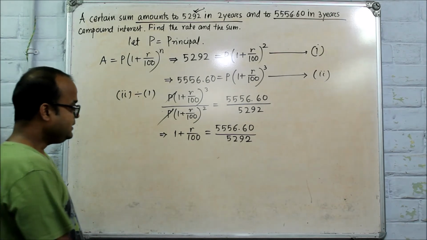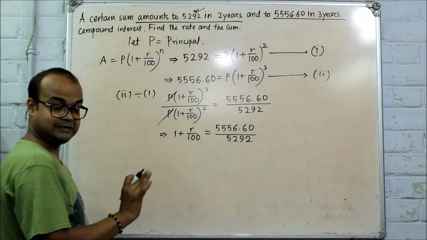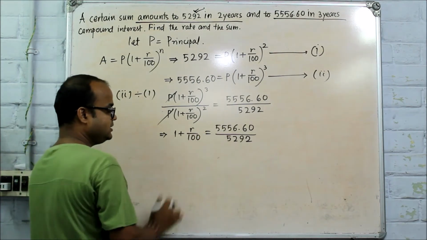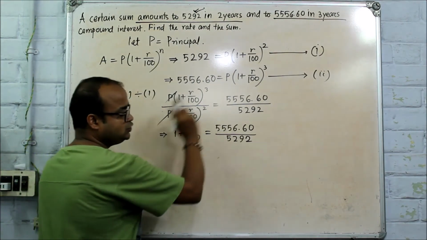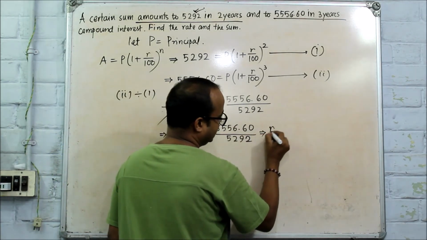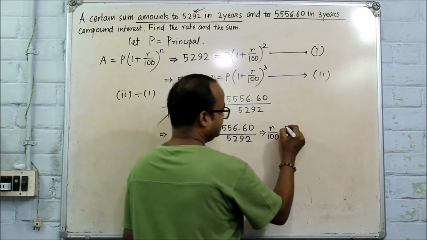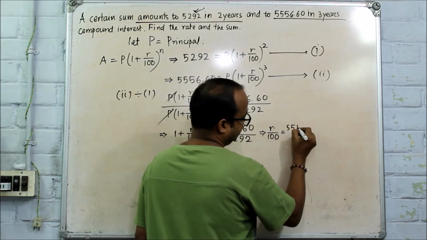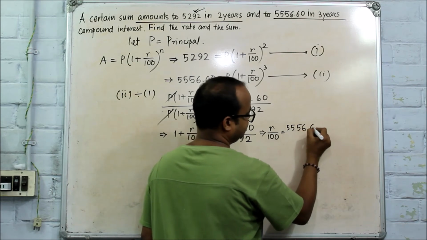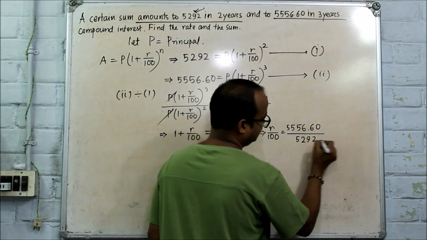Clear? Now I will not cancel out this term. I keep it as it is. First I move this 1 to that side. So it implies R by 100 is equal to 5556.60 by 5292 minus 1.